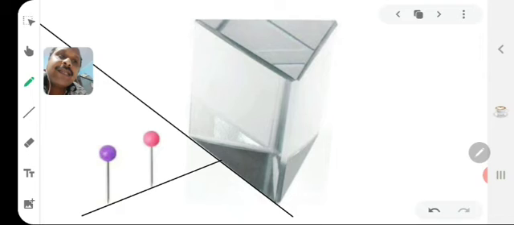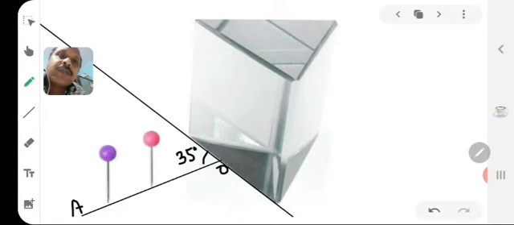This is the line XX dash, the straight line, and the ray that we have drawn. If you remember, we had named this ray as AO. So this is the ray, and this is the angle of incidence, that is 35 degree.